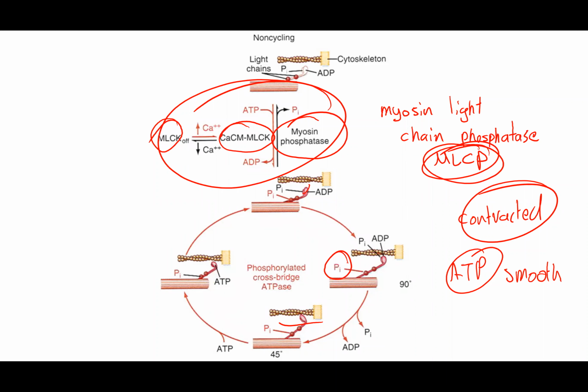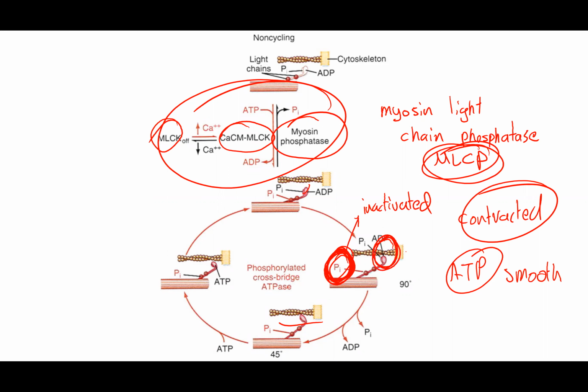The way it happens is through dephosphorylation of this group. The myosin head attaches to the actin, and when it is attached, it gets dephosphorylated. If you remember, dephosphorylation means it gets inactivated. But it's inactivated while it's attached to this actin.